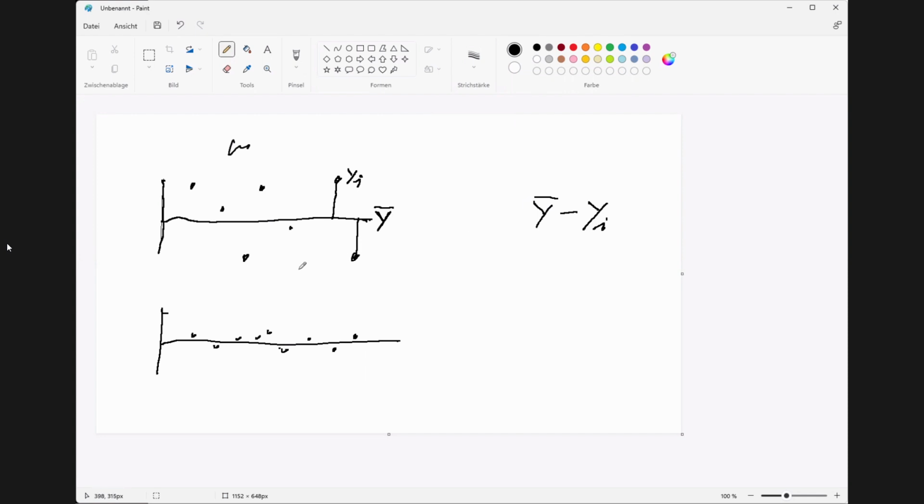Now we are looking for a parameter for the quality. We can calculate the mean over these differences. These differences here are very small and here are bigger. But we have plus differences and we have minus differences.